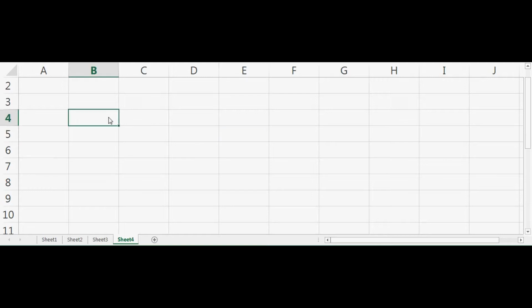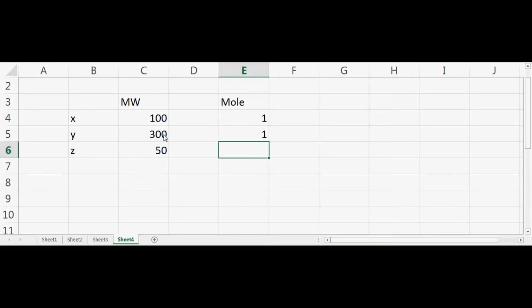So for example, if we have three components x, y and z, and we want to mix them in a molar ratio of 1:1:1, and their molecular weights are given to us, suppose it's 100, 300 and 50, and we have a molar fraction of 1, 1 and 1, and we want to mix them together and create a total of 10 grams.